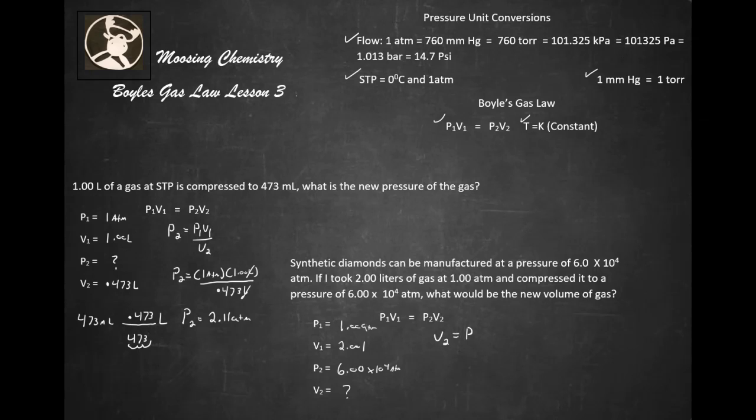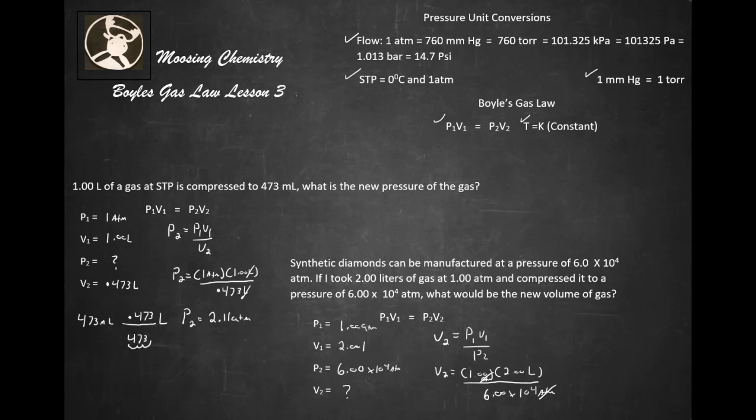V2 equals P1 V1 over P2. V2 is equal to 1 atm times 2.00 L, right? And that's, of course, atm. And then we're going to put our new pressure, 6.00 times 10 to the 4th atm.